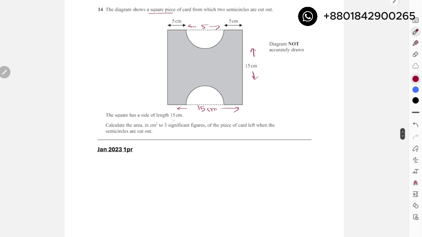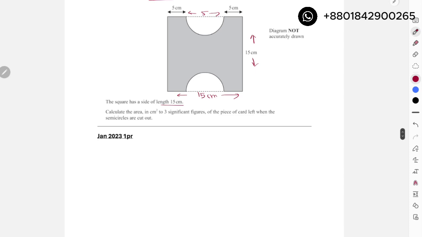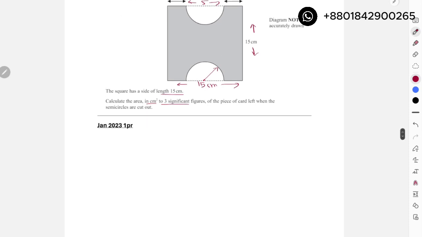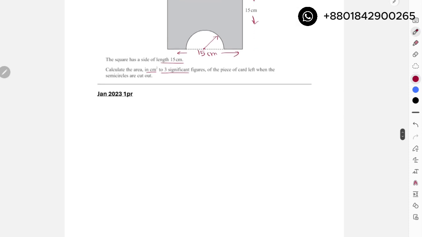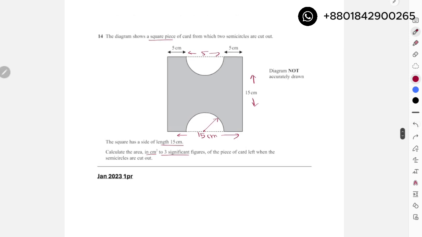This one says the square has a length of 15 centimeters. Find the area, to three significant figures, of the piece of card left when the semicircles are cut out. The diameter of these semicircles is 5 centimeters, and the area of the square is 15 by 15. The radius is going to be half of 5, that is 2.5, because the total diameter is 5.